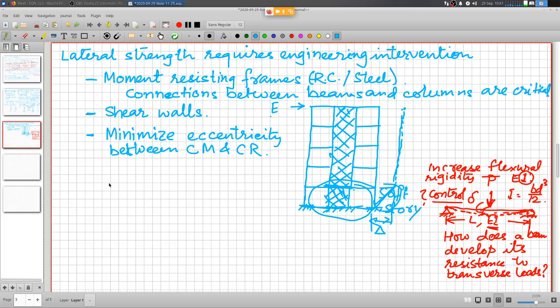So I keep saying about collapse, but we don't really allow it to collapse. I'll come to that in a little while.